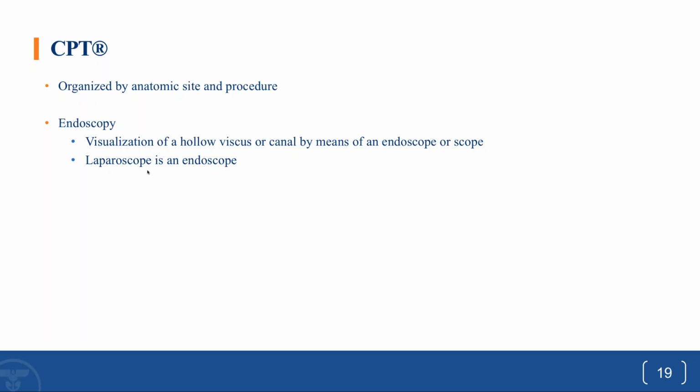What does laparoscopically mean? Laparoscopically means that it's minimally invasive, right? So they're not going to cut you wide open. It's going to be a minimal incision for the procedure.